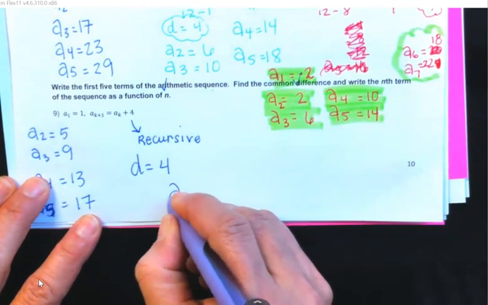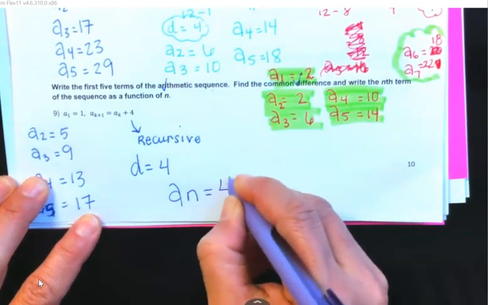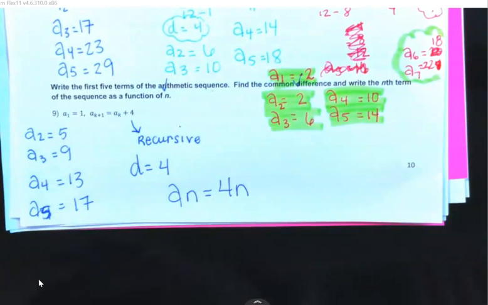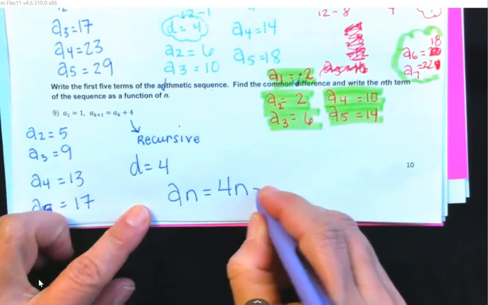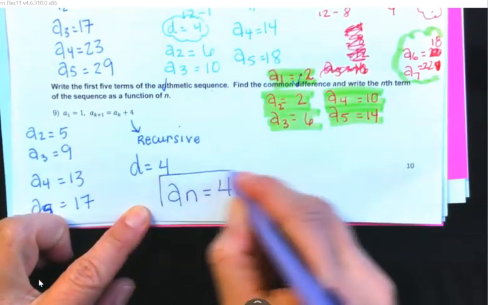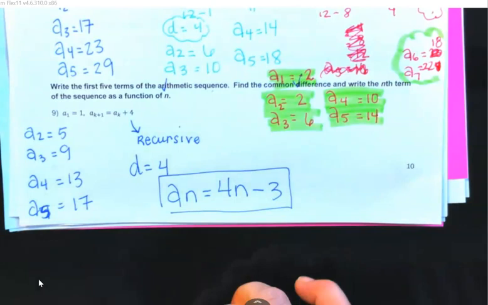It is going to be a sub n equals 4n, and then I need a constant. For the constant, guys, we're just going to work backwards. So this is going to be a sub 1 minus 4. And 1 minus 4 is going to be 3. Any questions on that?